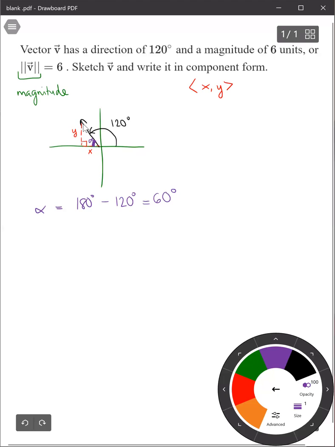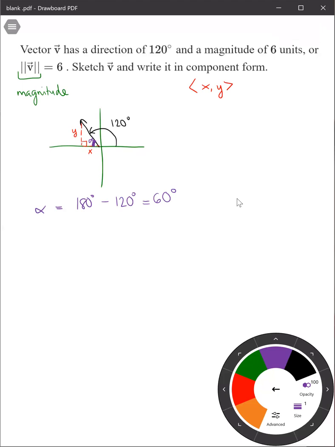Anything else that I need to label? Yes, thank you. I can label the hypotenuse as 6 because we know the magnitude is the distance between the initial point and the terminal point, or the other way to say it is the side length. Because the magnitude of vector v is 6, we know the side length of this side is 6.